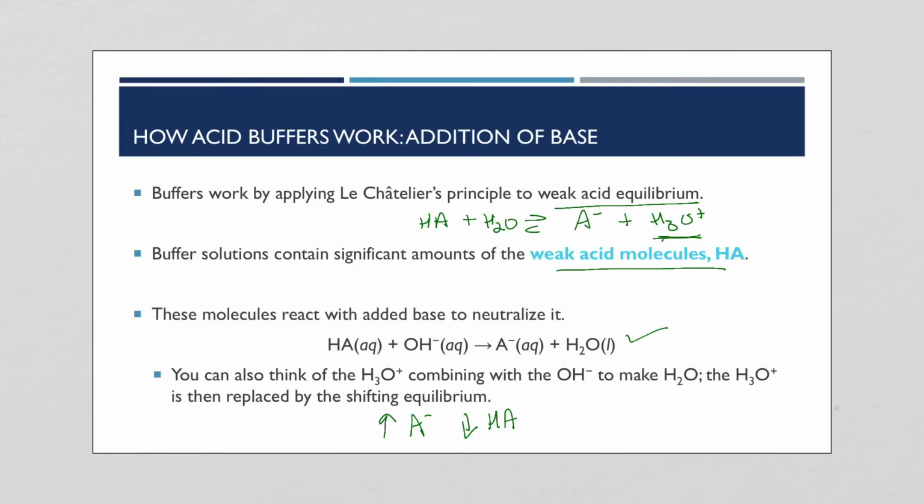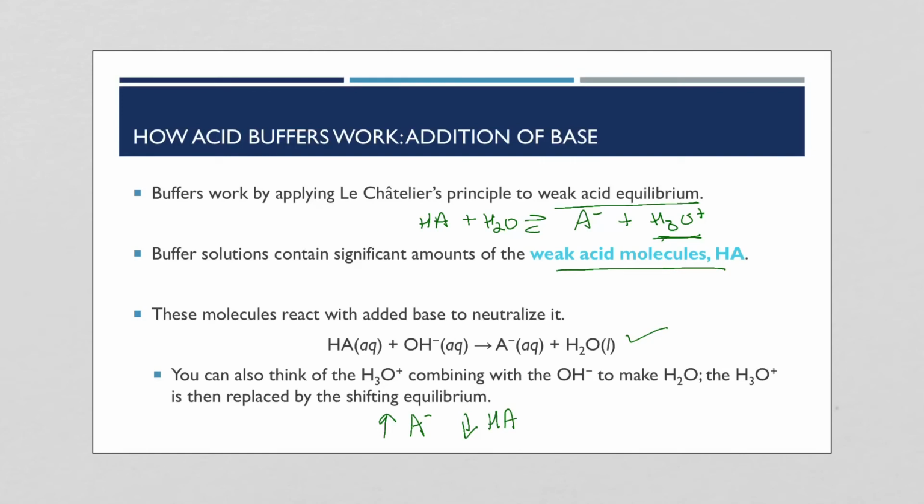So if we think about Le Chatelier's principle, we understand that buffers contain significant amounts of the weak acid. These weak acid molecules react with any added base to produce the conjugate base of our weak acid and water.